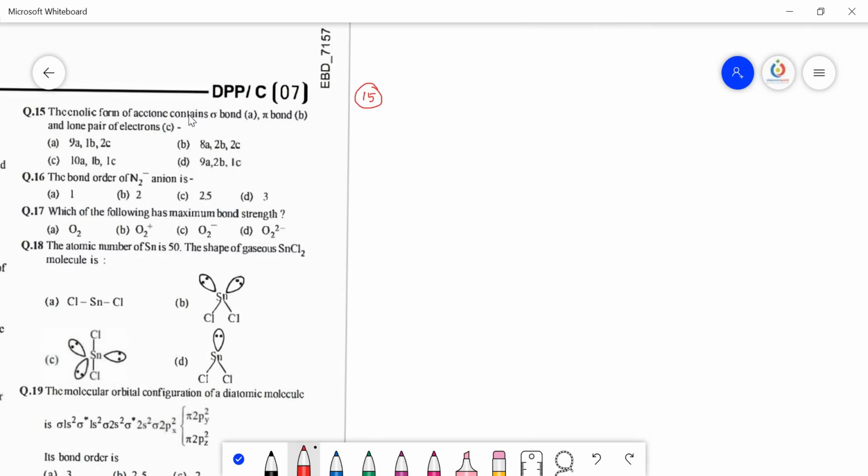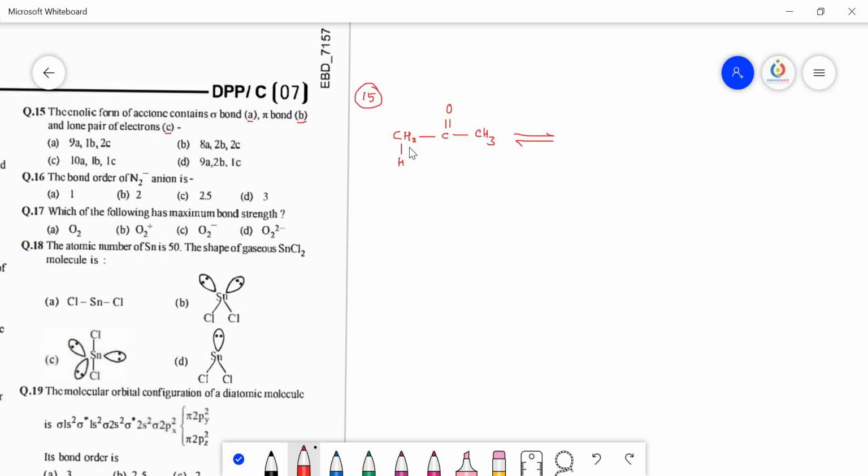Let's see the 15th question. The enolic form of acetone contains sigma bonds, represented as A, pi bonds as B, and lone pairs of electrons as C. First of all, let's write down the acetone structure. This is acetone.